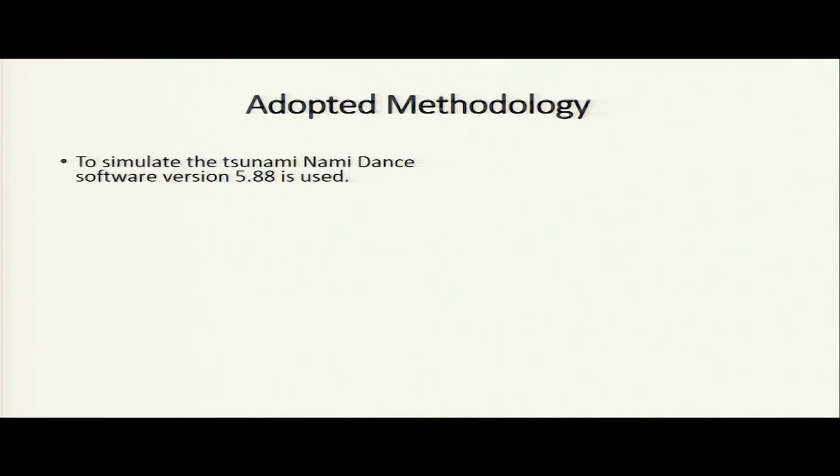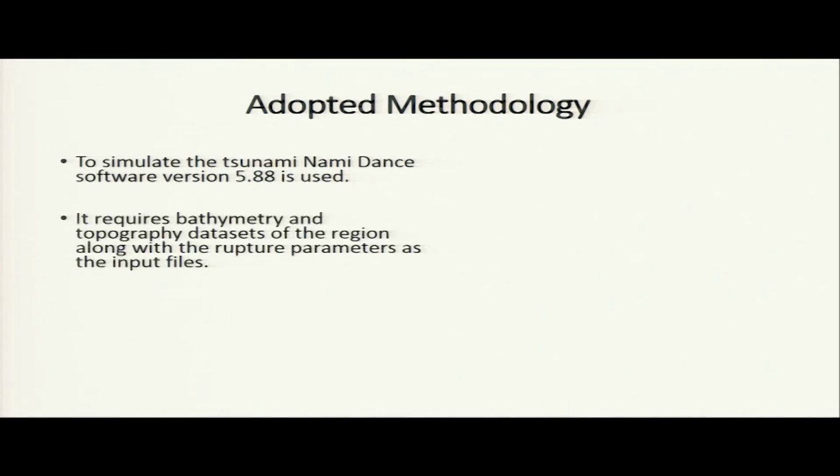So, the methodology I adopted for the modeling part: to simulate the tsunami, I used the software NAMI DANCE, version 5.88. To generate the tsunami, first we require the bathymetry map and the topography data sets.